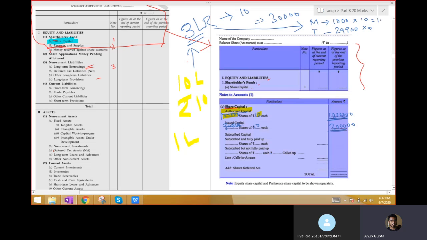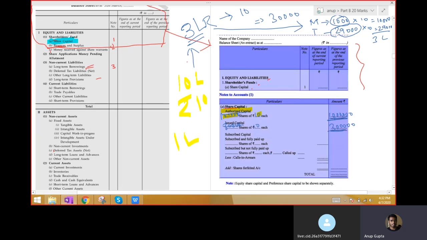They were supposed to give 10,000 and 2,90,000. So it will be 29,000 shares and 2,90,000 here. Total 3 lakh, it was issued. So out of issued, Tanish subscribed for 29,000 shares and Mayank subscribed for 1,000 shares.